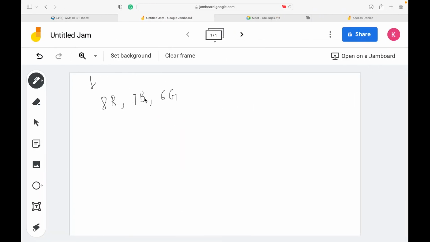So it means that the ball should be of blue color. So the total number of blue balls is 7 and the total number of balls is 21. So it is 1 by 3.